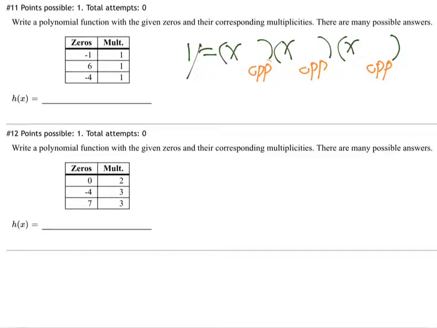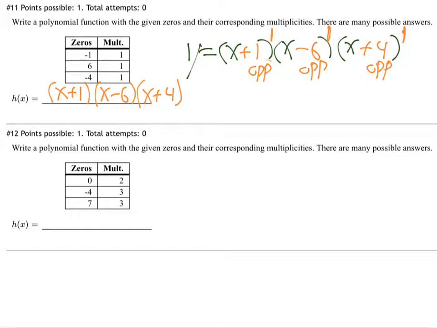So it's the opposite of minus 1, plus 1 in the first power. The opposite of plus 6 is minus 6, first power. The opposite of minus 4 is plus 4, first power. And there it is. And really, you don't even have to show those 1 powers. In reality, you would just go x plus 1, x minus 6, x plus 4.